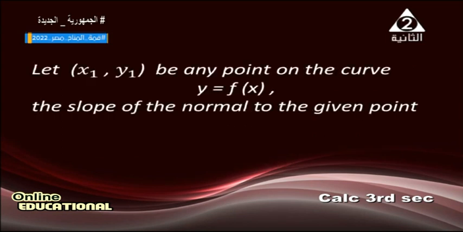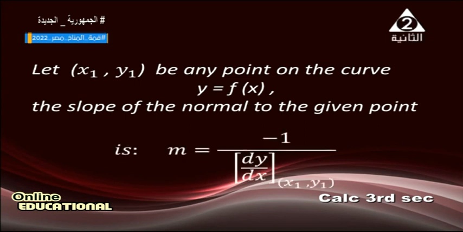Now, let the point (x1, y1) be any point on the curve y equals f of x, and the slope of the normal at the given point is m equals -1 over dy/dx at (x1, y1), that is, -1 over the first derivative of the function at the point (x1, y1).